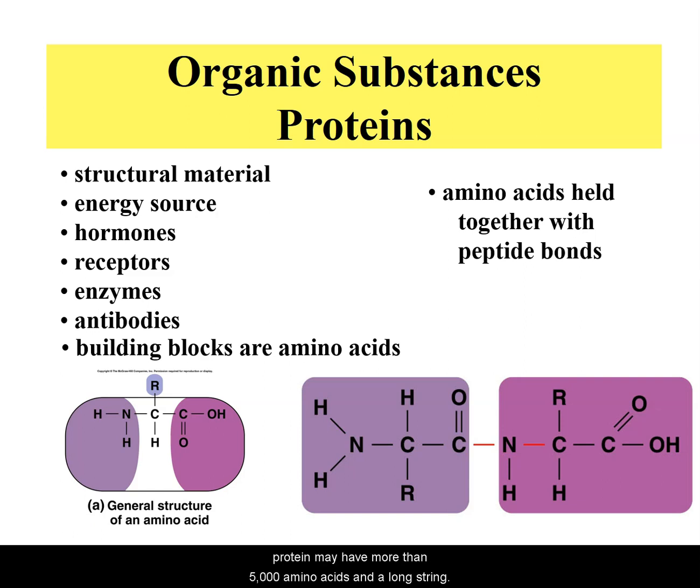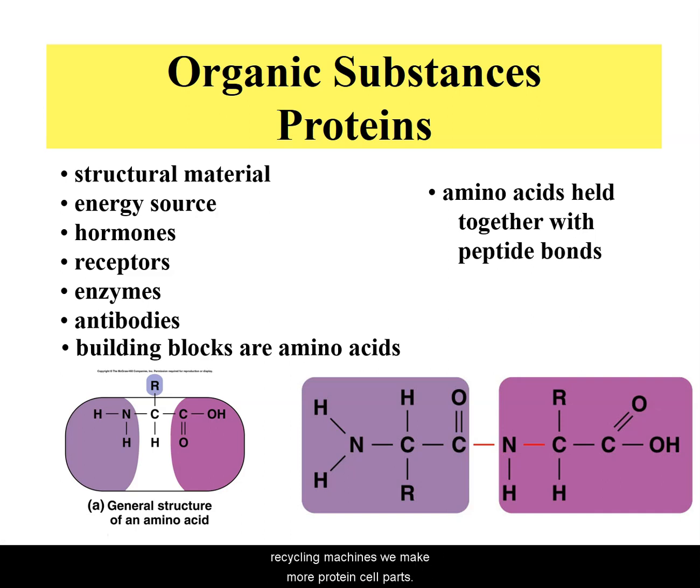A protein may have more than 5,000 amino acids in a long string, held together by hydrogen bonds again, easily formed, easily broken. So we've got to break down that protein that you had into polypeptides and dipeptides to the individual amino acids. And what do we do?